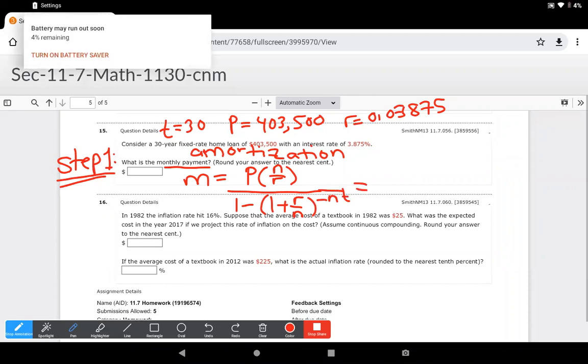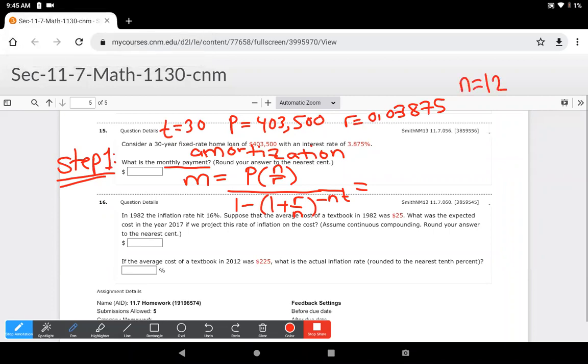When we fill this formula out, right, we need N, which again is 12, because this is a mortgage monthly payment. So N equals 12. N times T, generally something we need, that's the 360. And plug and check, right?